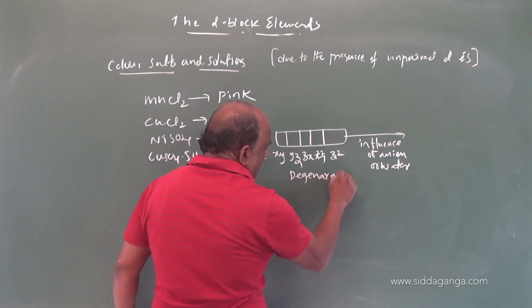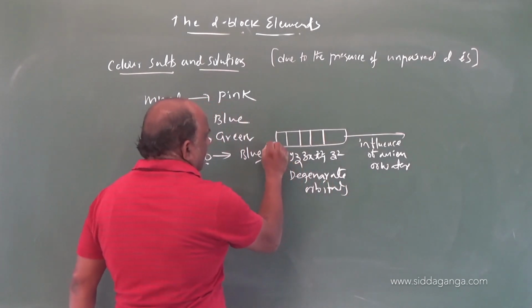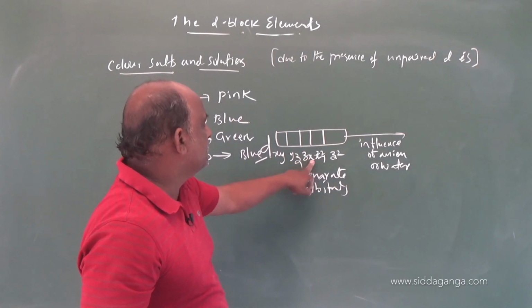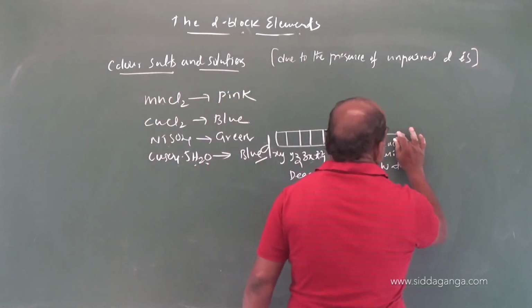Degenerate orbitals: dxy, dyz, dzx, dx square minus y square, dz square. Then splitting takes place.